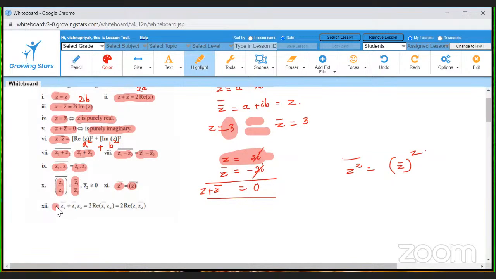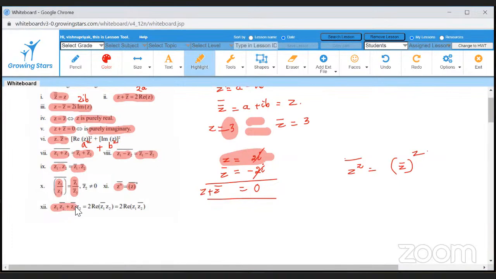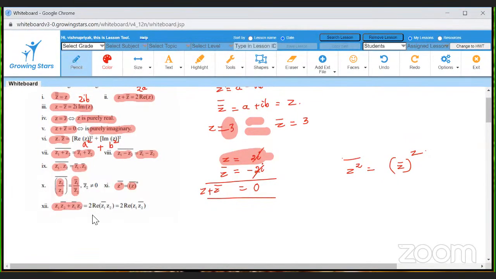Both the answers will be the same. Then z1 into z2 bar plus z1 bar into z2 will be equal to 2 times real part of z1 bar into z2, or equal to 2 times real part of z1 into z2 bar. If you want, you can multiply and see.